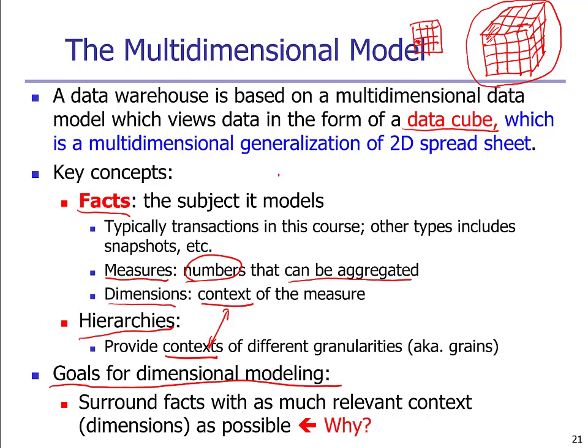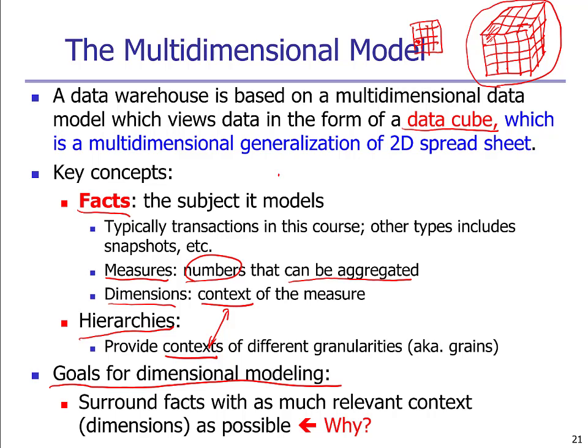For example, sometimes the end user just wants to see the total cost in one year, and then you need the granularity to be year. But sometimes the end user wants to see the change of the cost along different months. In that case, the granularity should be months. That is what hierarchies are for.